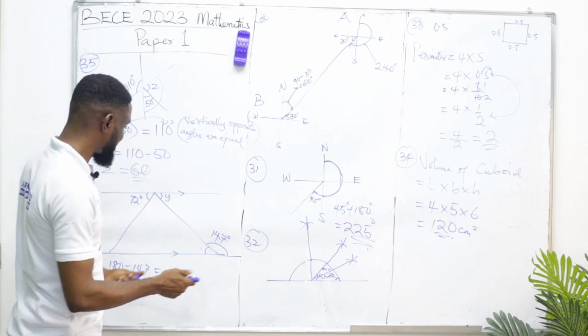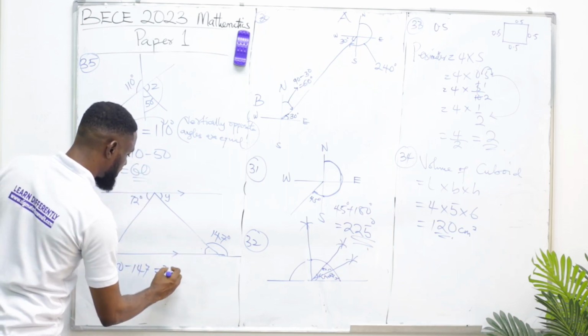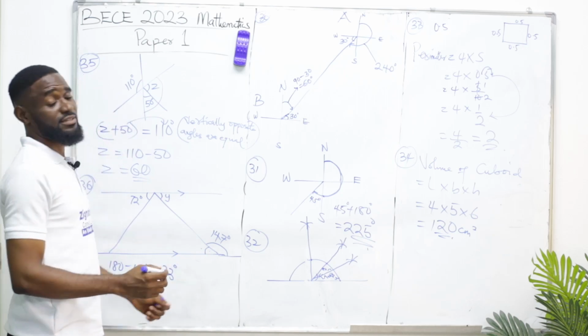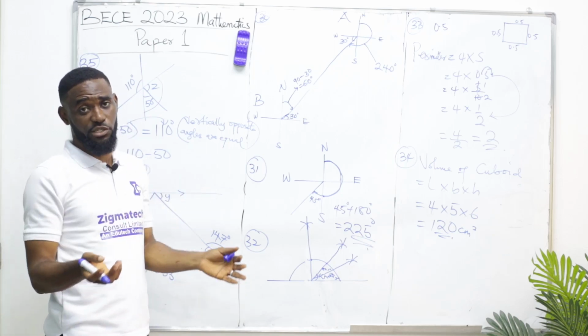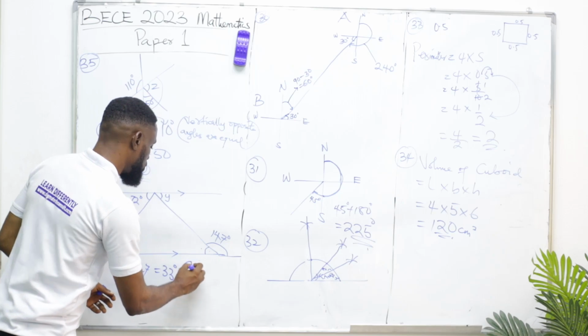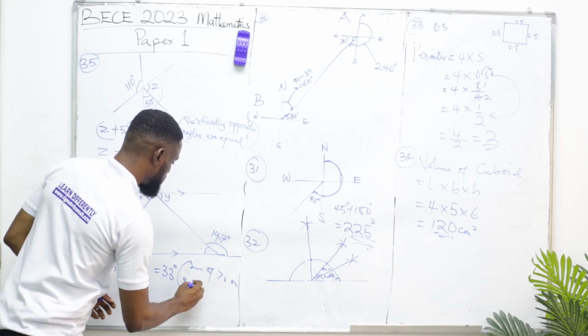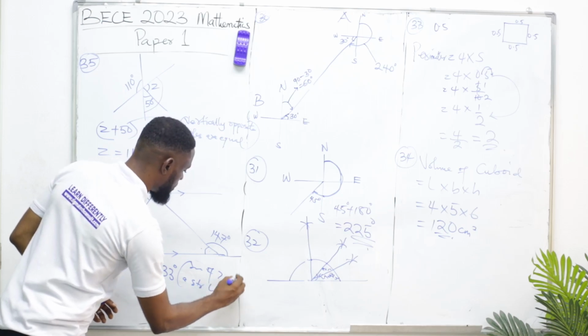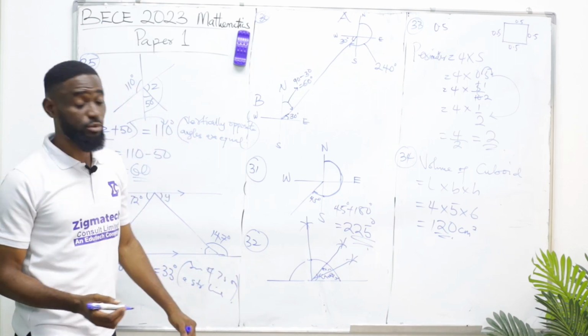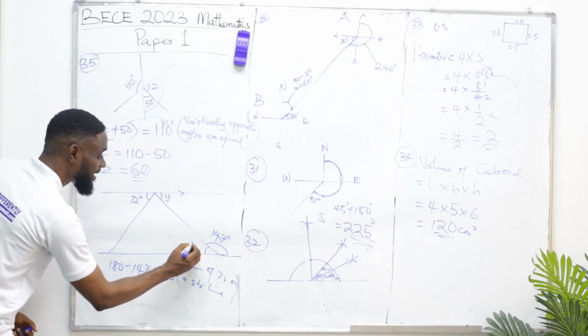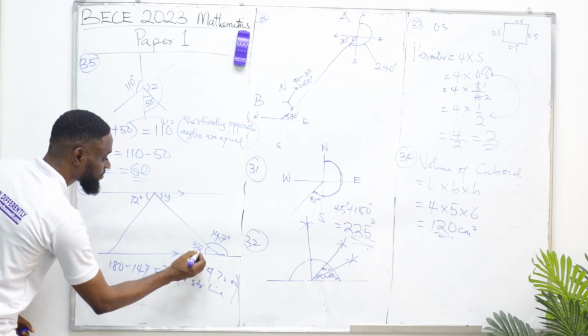It will give us 33 degrees. So 33 degrees. If it is a theory question, make sure you write sum of angles on a straight what? Line. Make sure you write something like that for them, but you know why. So it means that here is 33 degrees.